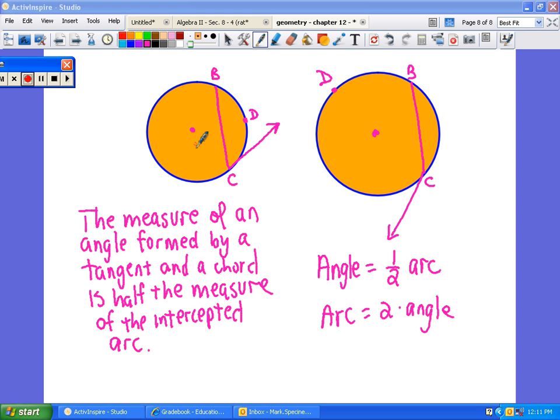That the angle is half the arc, or that the arc is twice the angle. So whether we're talking about two chords forming an inscribed angle, or a chord and a tangent forming an inscribed angle, the relationship is the same. So if you remember what we did yesterday, you should be okay with what we're doing today.